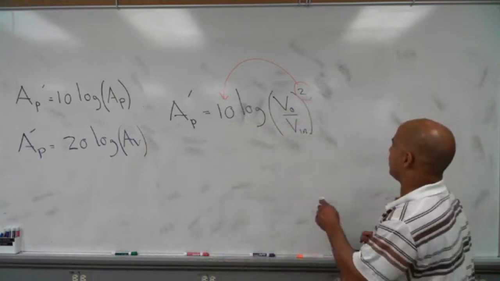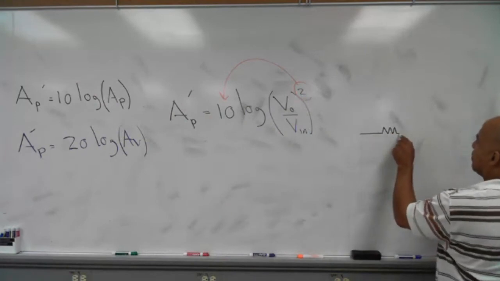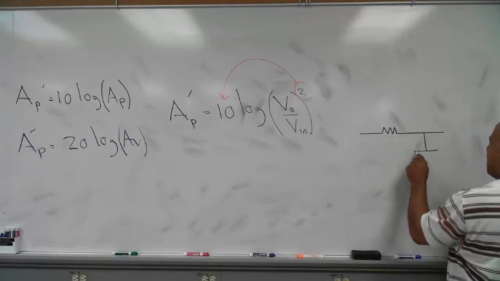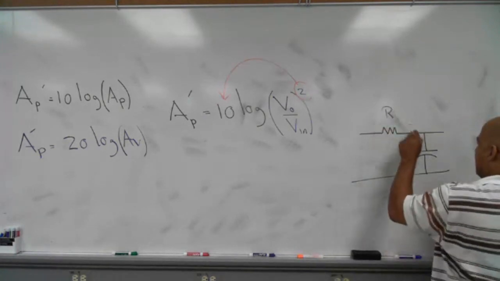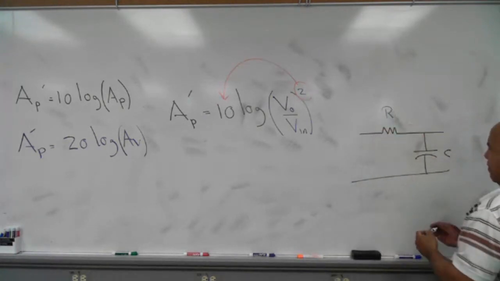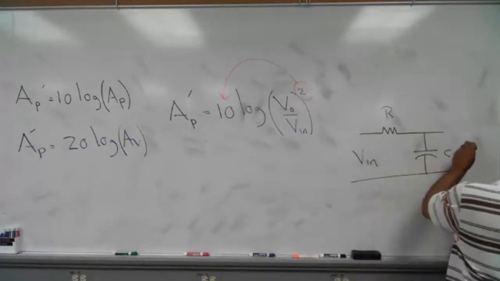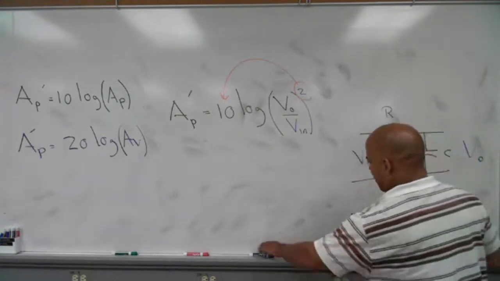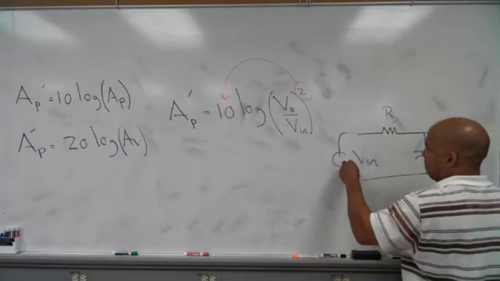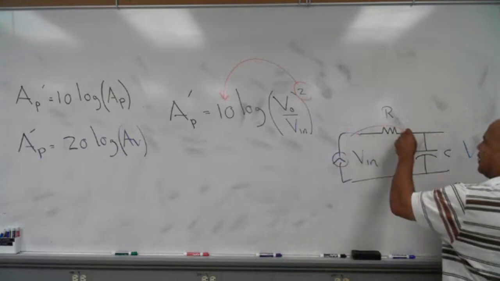So if I have this, and I know that this is V in, and this is V out. This is my filter. And if I put a source over here, then I got current flowing into that circuit.